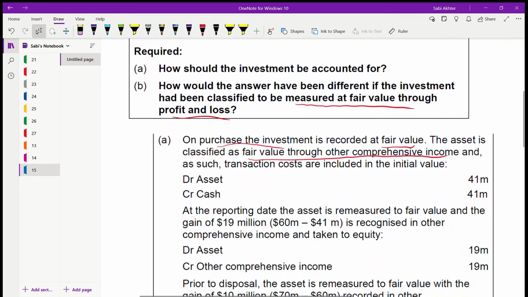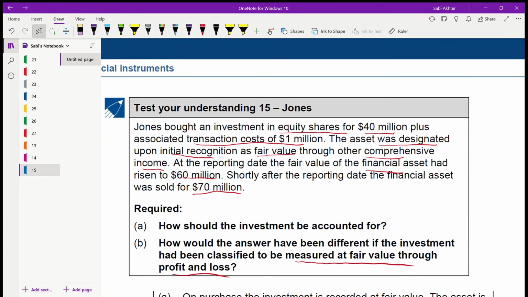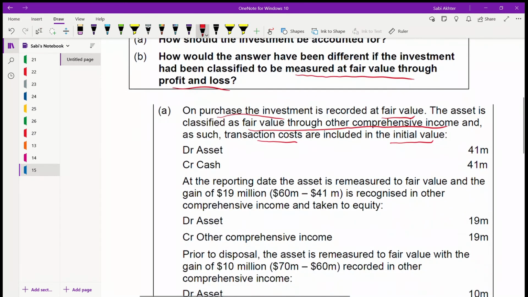And transaction costs are included in the initial value. What is it? 41. Why? Because you are adding the transaction cost with the 40 million. So 41 debit asset and credit cash.